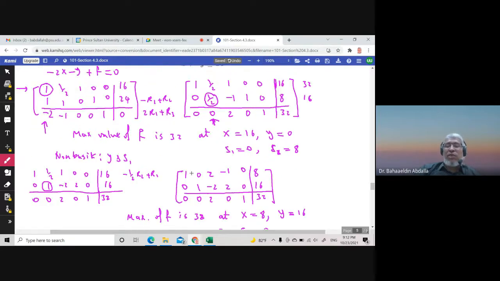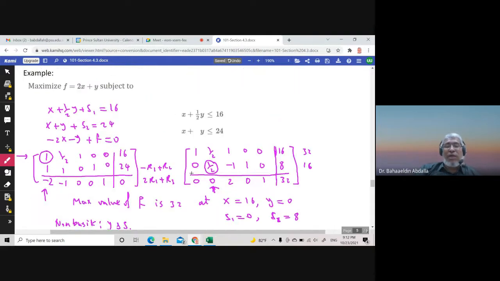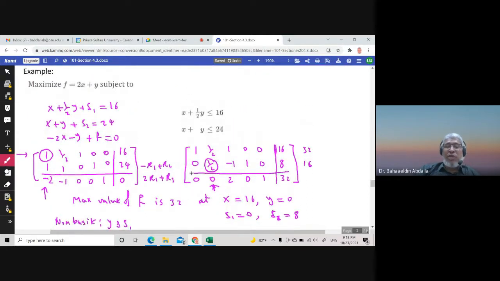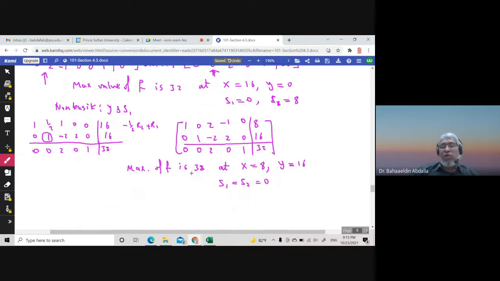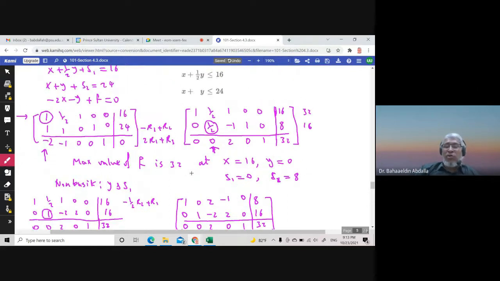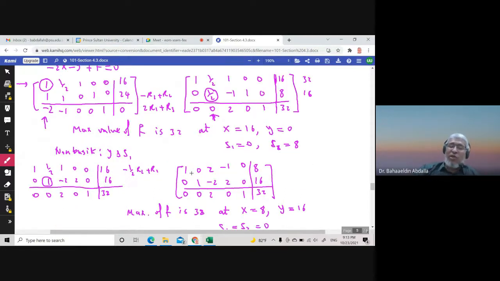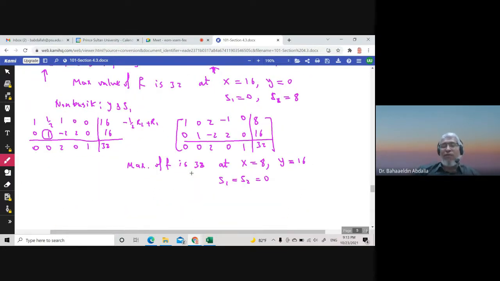So is it a possibility? Yeah, 8 times 2 is 16 plus 16 is 32. So that's a solution. And also here, if x is 16, 2 times 16 is 32 plus 0. So both are solutions, both give the maximum value of f, and all points between these two corner points will give the same answer.